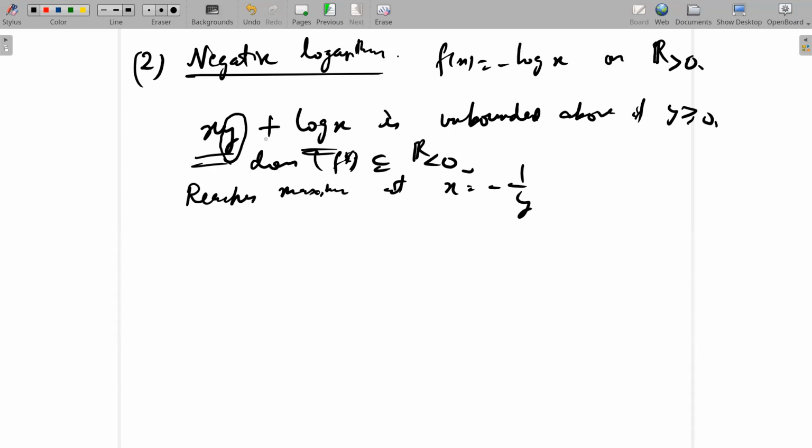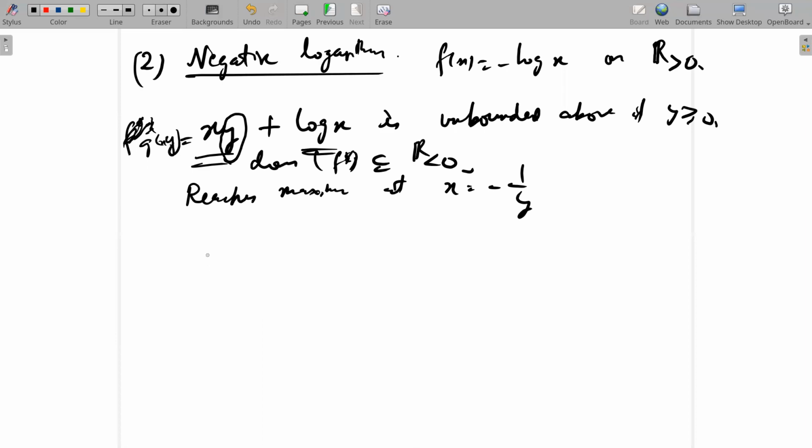All right. So when does this reach maximum? If y is negative, for that we just have to take the derivative and set it equal to 0. So the derivative of xy plus log x with respect to x, if I'm thinking of g of x, y, so I want to find the supremum of g(x, y) with respect to x.